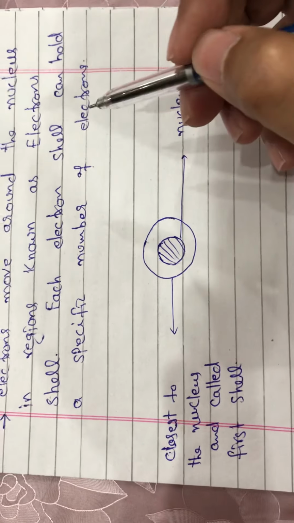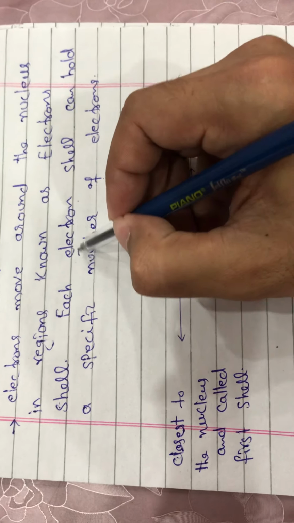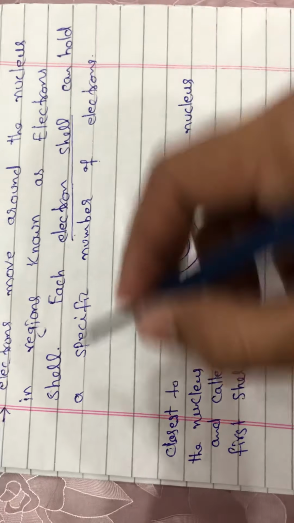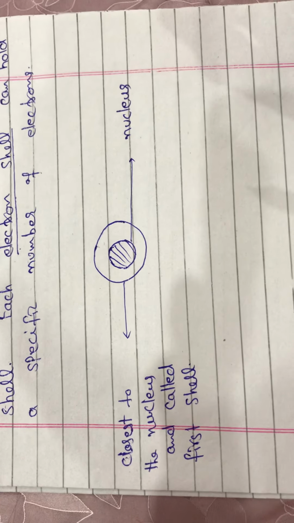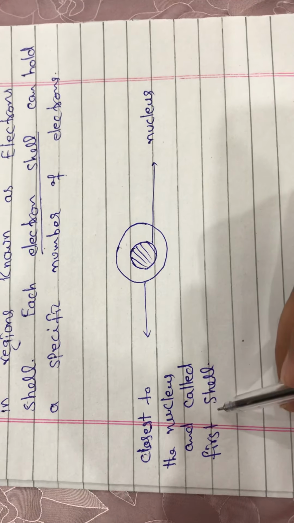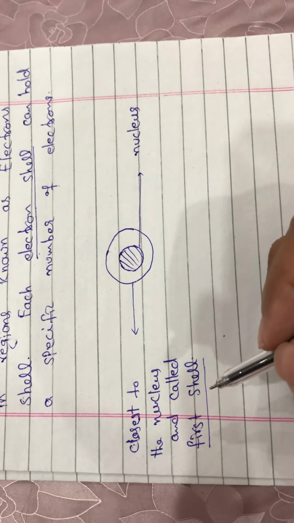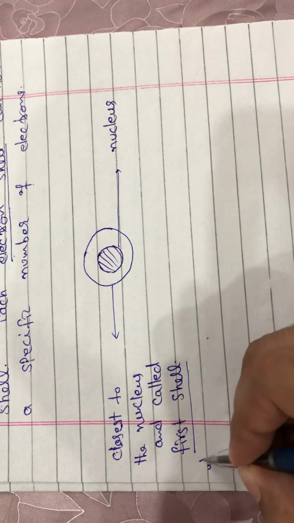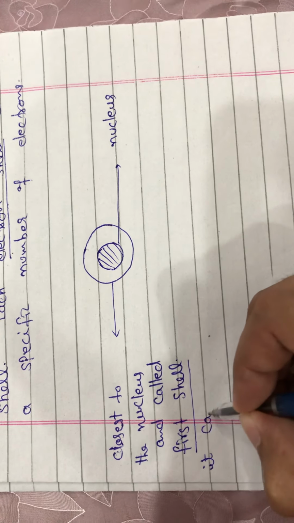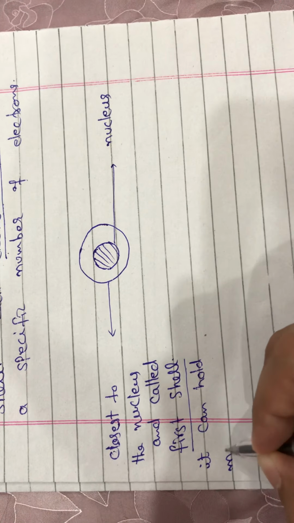So we talked earlier that each electron shell can hold a specific number of electrons. Means if talking about the first shell, it can hold a maximum of 2 electrons.